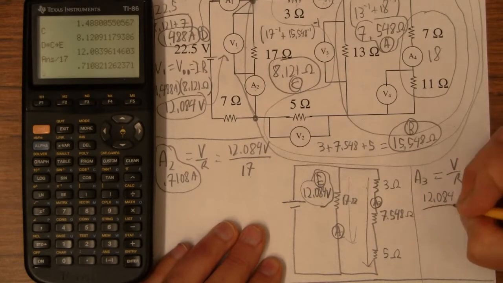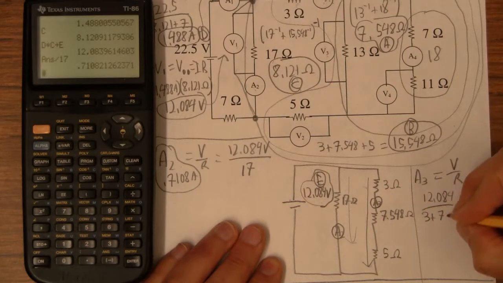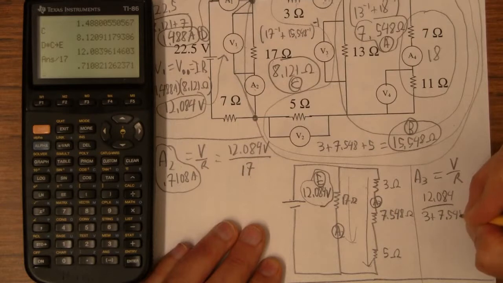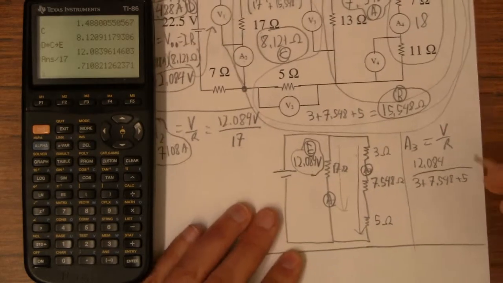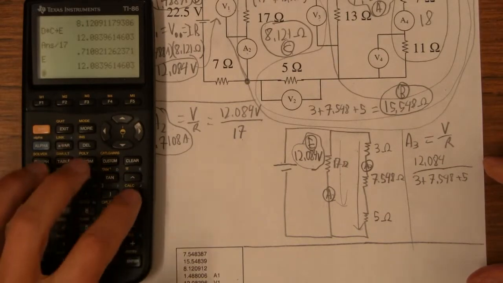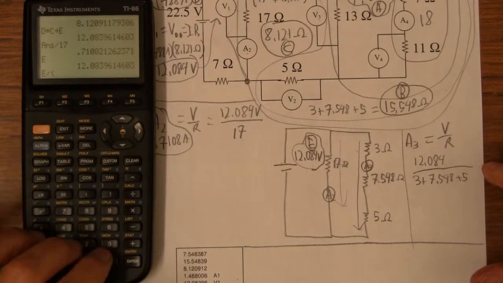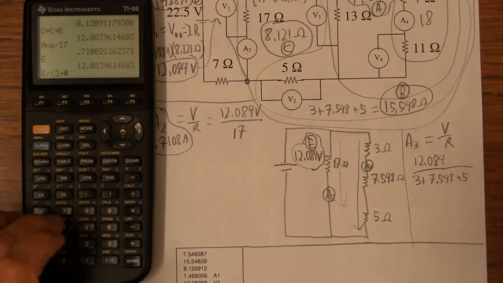12.084 divided by this whole resistance here, so 3 plus 7.548 plus 5. All right, so let's see, which one is that? Alpha E is this guy. So alpha E divided by parentheses, 3 plus, and then what's that guy?